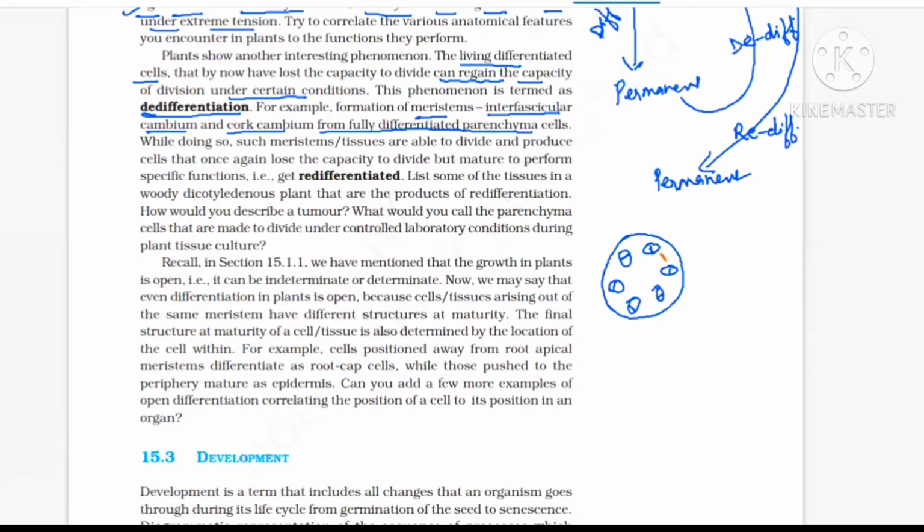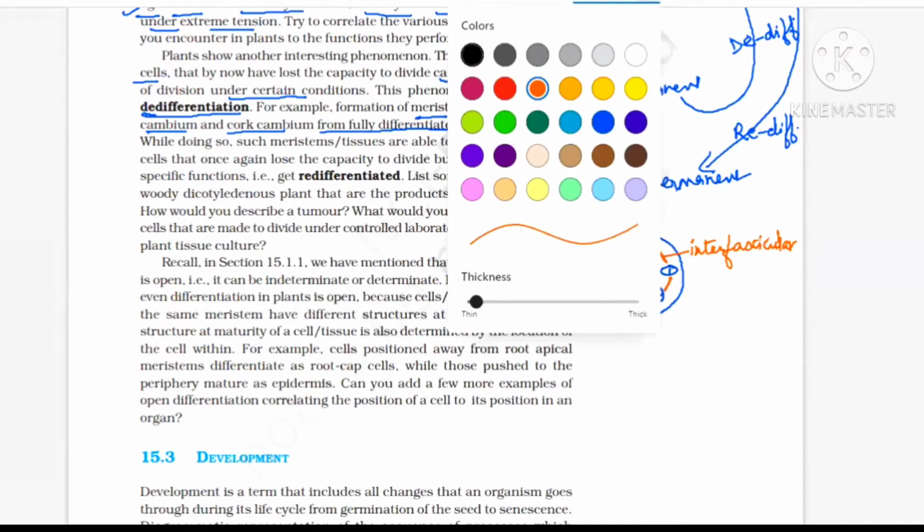See here, these are your cells of medullary rays. They are going for de-differentiation to form interfascicular cambium. Clear, beta? So this much is clear.